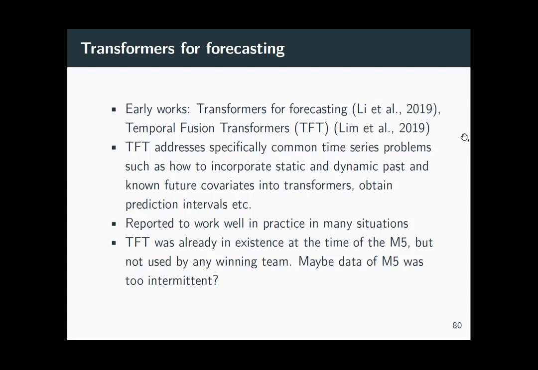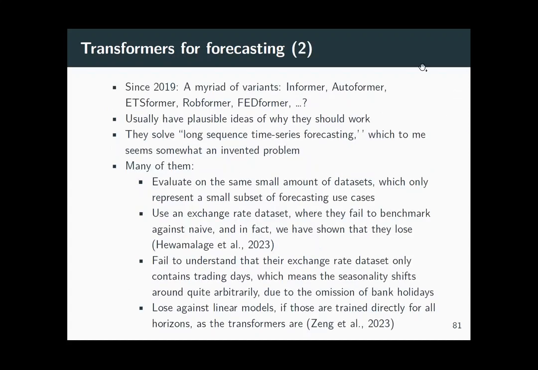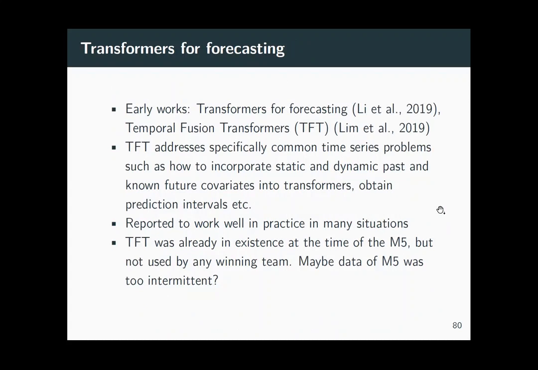Okay, and now, good question. Future covariate and past covariate. Yeah, true, I didn't explain that. So basically, a future covariate would be something that you already know is going to happen, something like a holiday or a promotion.